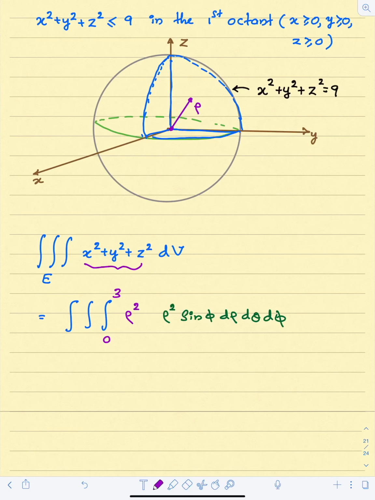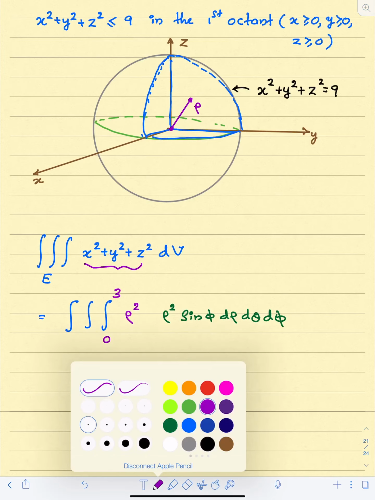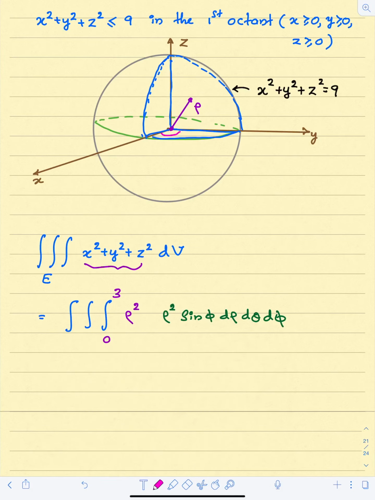Theta: we want to consider the first octant, so theta goes from 0 to pi over 2. That's your theta angle, 0 to pi over 2. And then angle phi again goes from 0 to pi over 2.